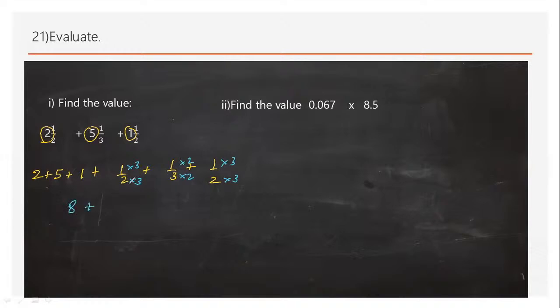8 plus 3 over 6, 2 over 6, 3 over 6. 8 plus 3 and 2, 5 and 3, 8 over 6. 8 over 6 is 1 and 2 remainder 6, that is one-third, right?